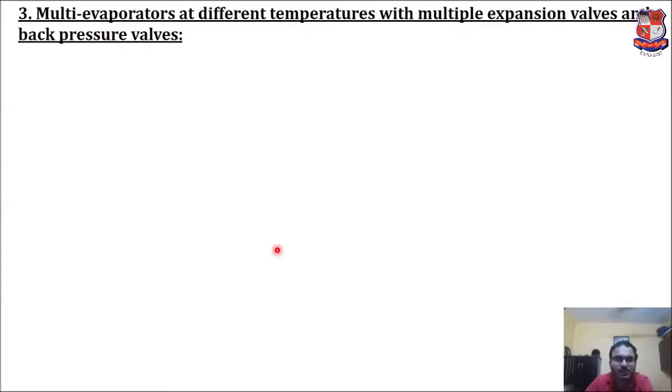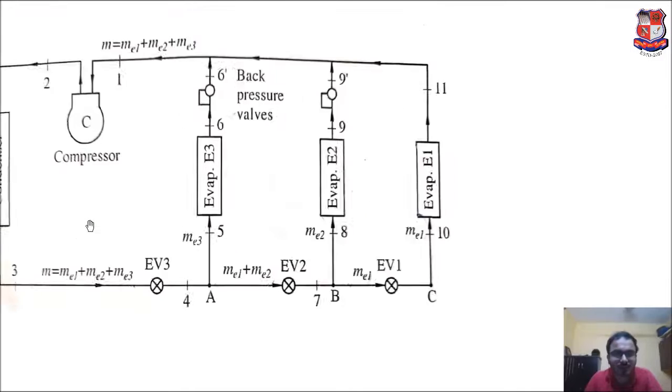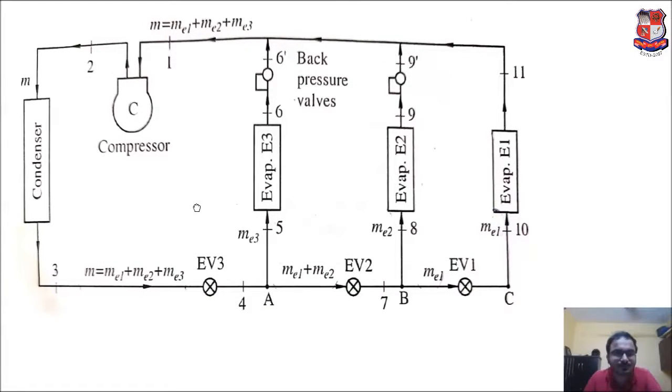Now we are into our third topic, which is multiple evaporators at different temperatures with multiple expansion valves and back pressure valves. So this is the arrangement for this case.